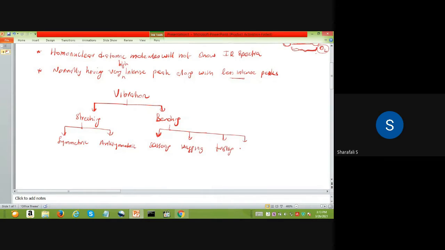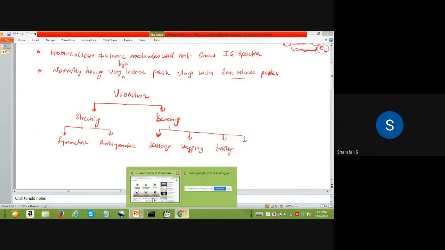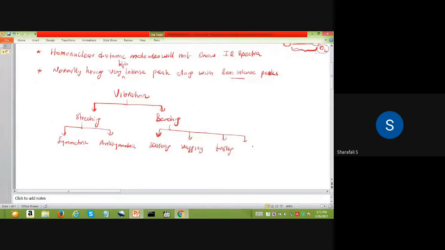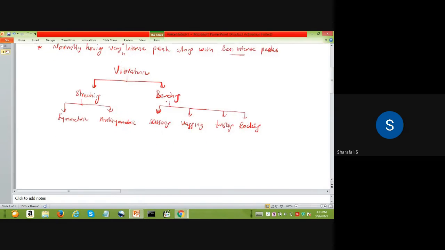Then rocking. So these are the different bending modes which are possible in these molecules. Okay. So these are the basic modes of vibrations which we can observe in molecules.